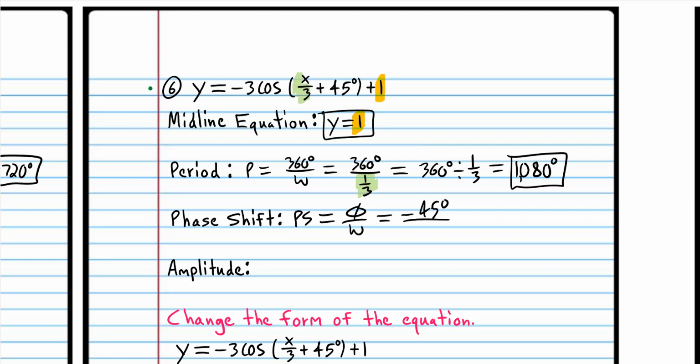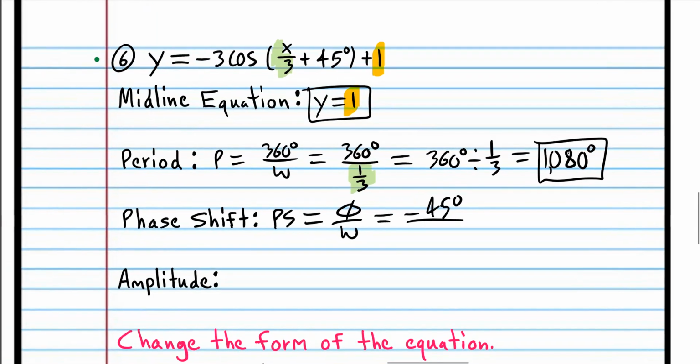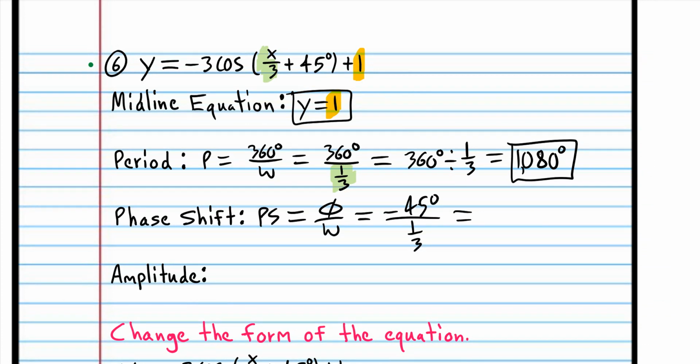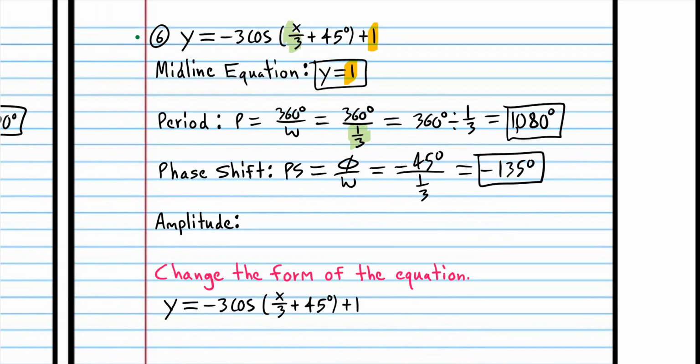Again, I know that's confusing, that it's the opposite sign, but that's just the way phi is defined. And so now we're going to multiply by 3, and we get -135 degrees. Dividing by 1/3 is the same thing as multiplying by 3.